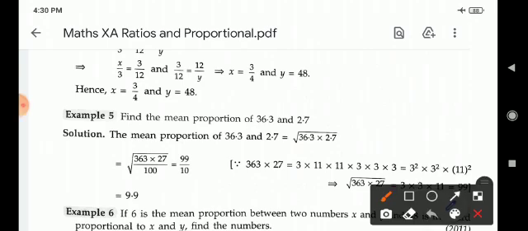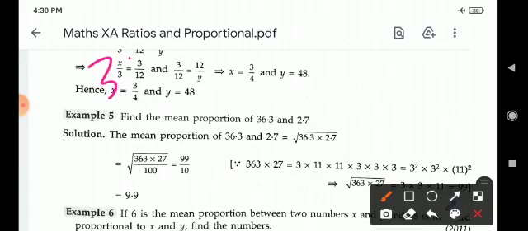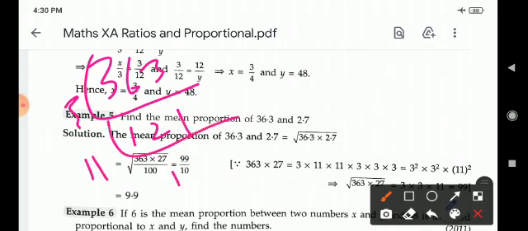Factors of 363 and 27 are as follows. By the help of factors or LCM, for example 363: 3 ones are 3, 3 twos are 6, 3 ones are 3, 11 ones are 11.